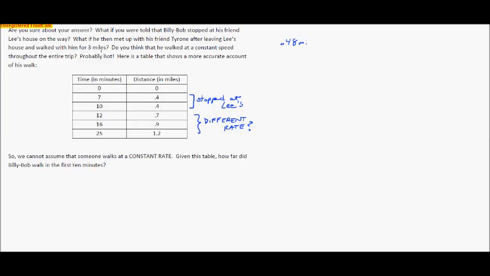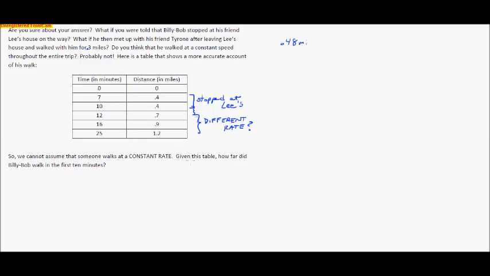All right, and I want to add in a decimal right there. That's 0.3 miles. So there's probably a different rate going on from here to here and from here to here, because after that he walks alone, and you know, people walk at different speeds. So we cannot assume that someone walks at a constant rate over the whole walk there.